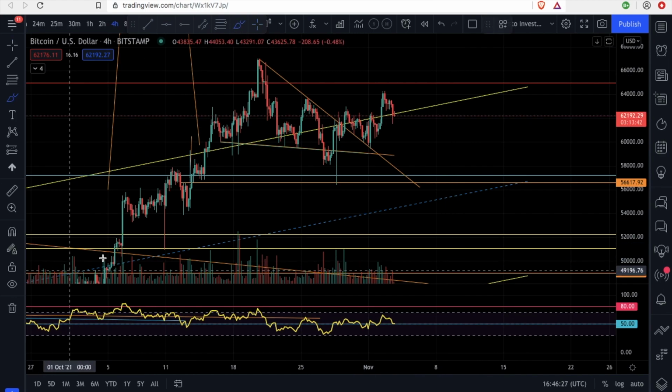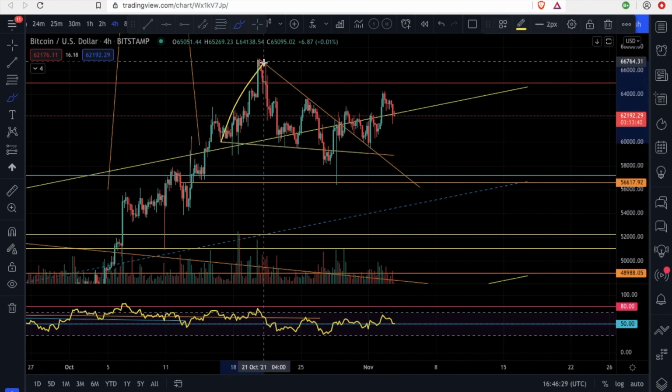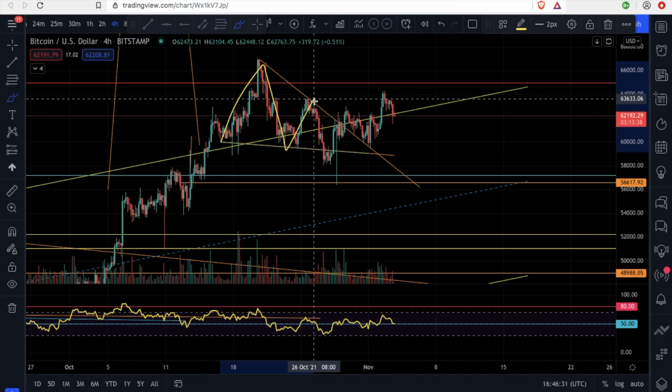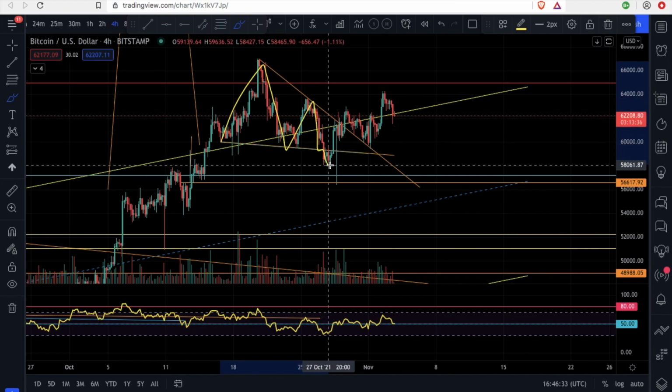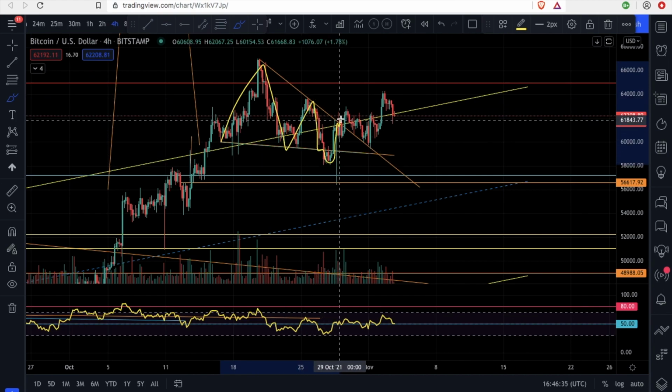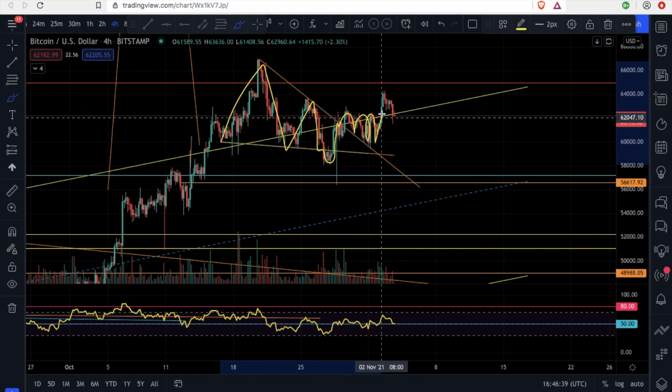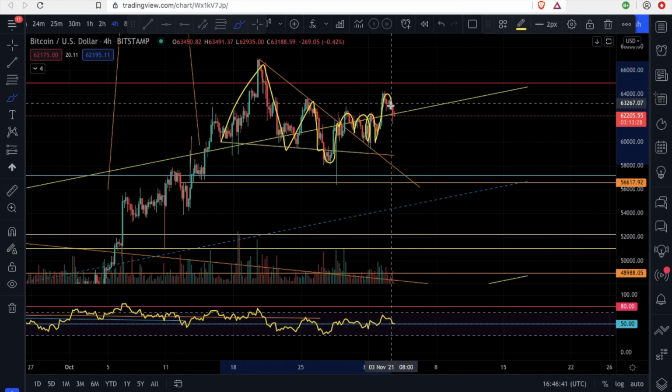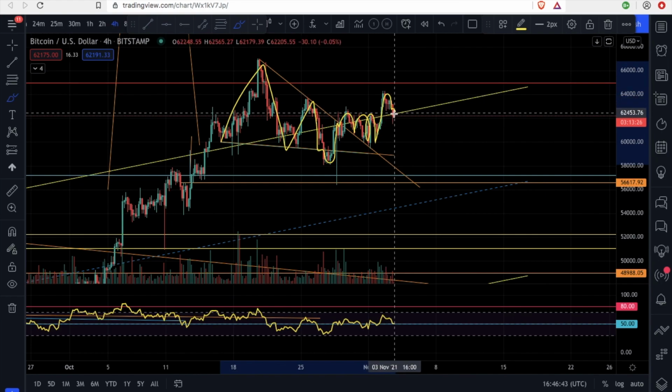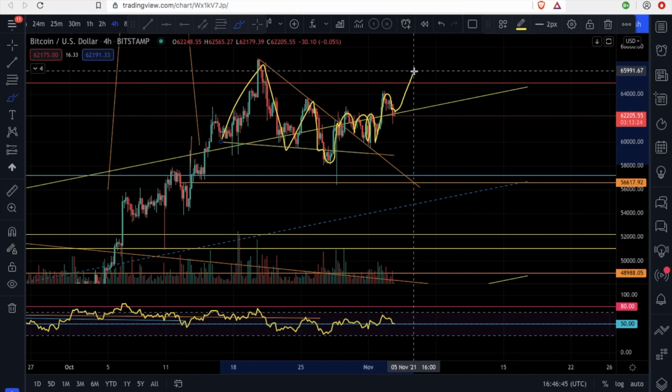And as you can see, the Bitcoin price was forming this falling wedge. This was a fake out, broke out here, confirmed as support, breakout right here. Still, it's showing weakness because it's not continuing to the upside.